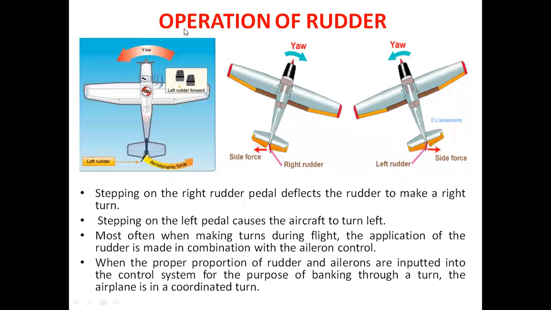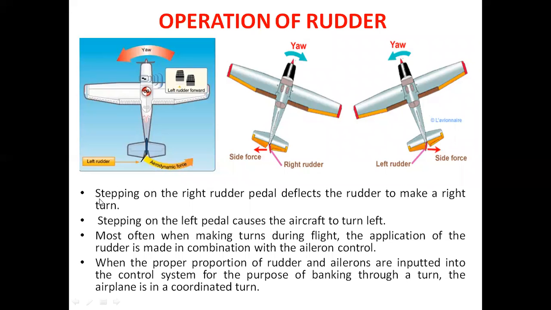Now, we'll study the operation of a rudder. So now, first condition, how the rudder can be operated. The rudder can be operated by stepping on the right rudder pedal or left rudder pedal. We'll take one example first.